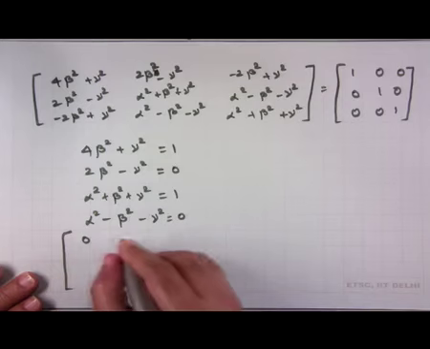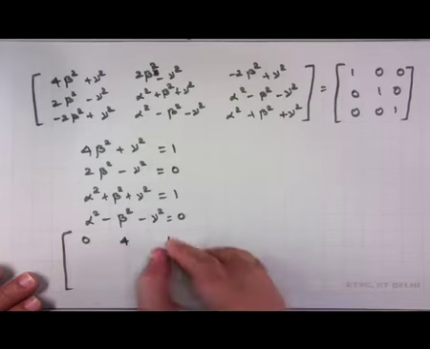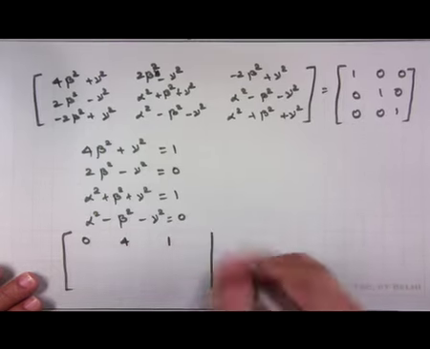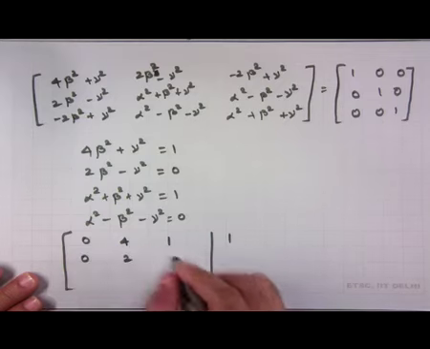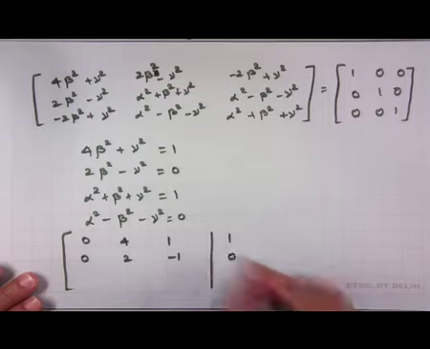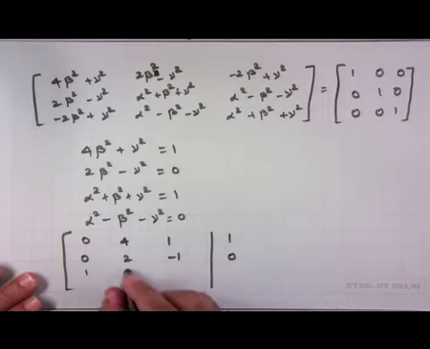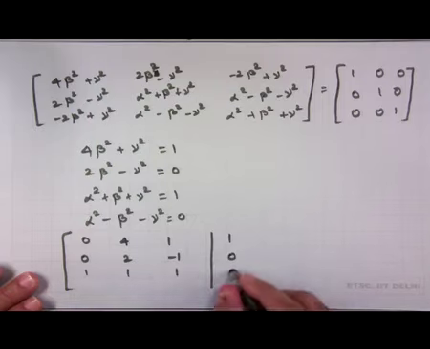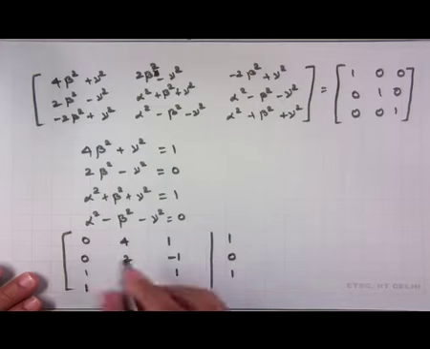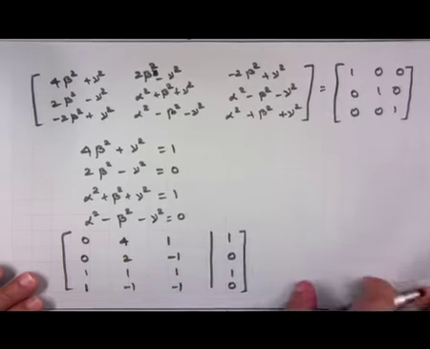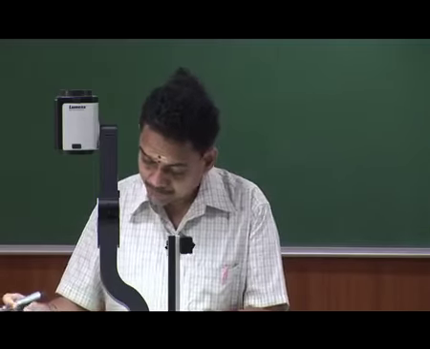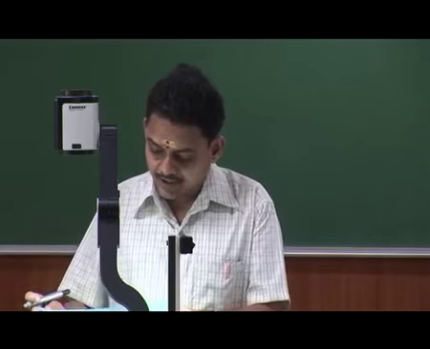So, 0, 4, 1 augmented with 1, 0, 2, minus 1, 0, 1, 1, 1, 1, 1, minus 1, minus 1 and 0. This is what we have. Let us try to convert them into its RRE.